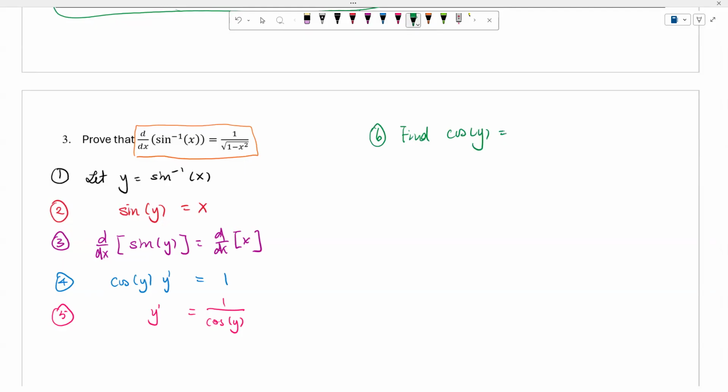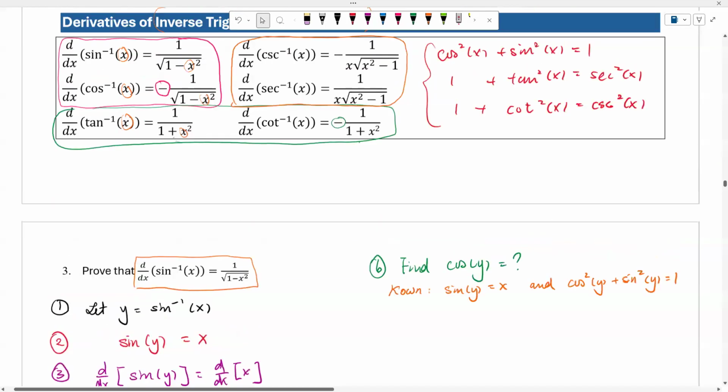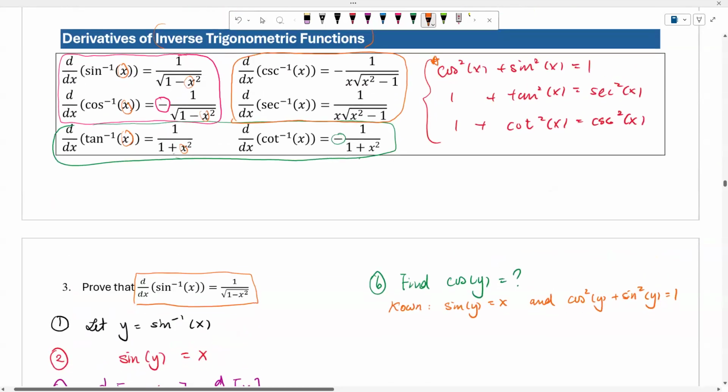cosine of y equal to what then? Now, how do we do this? One thing that we know is that sine of y equal to x, and we know that cosine squared y plus sine squared y is equal to 1, these identities.